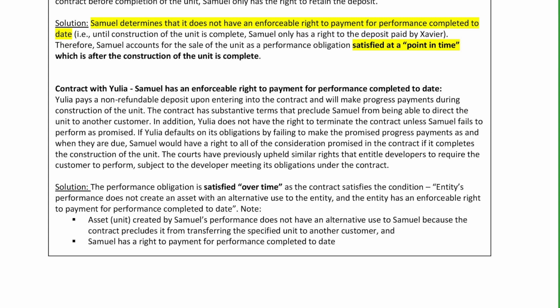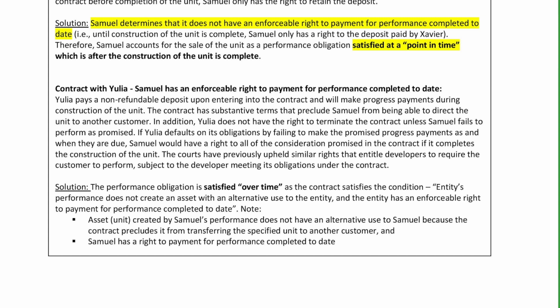The contract has substantive terms that preclude Samuel from being able to direct the unit to another customer. So can't sell the unit which has been given to Yulia to another customer. In addition, Yulia does not have the right to terminate the contract unless Samuel fails to perform as promised.